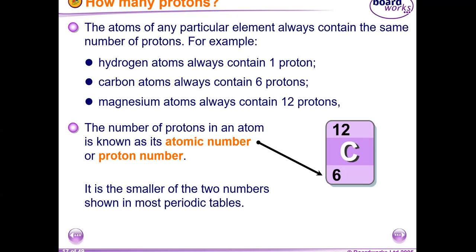But anyhow, no matter which version you have, American or British, the atomic number will always be the smaller number, and the atomic mass will always be bigger, okay? Now, the atomic number, the smaller number of the two, will always represent the protons that you have in a nucleus. So it's a proton number as well. It will tell you exactly how many protons you have in the nucleus, okay?